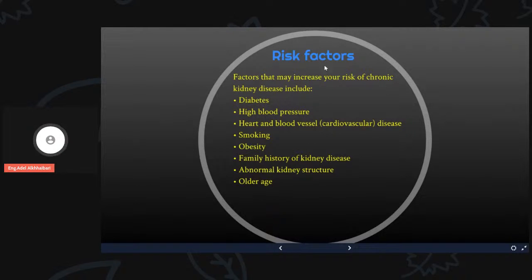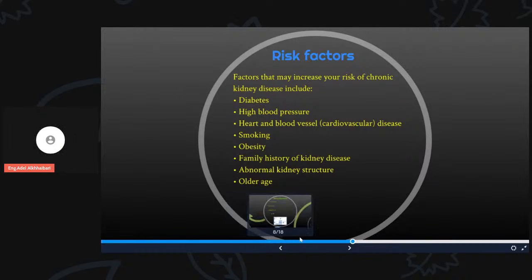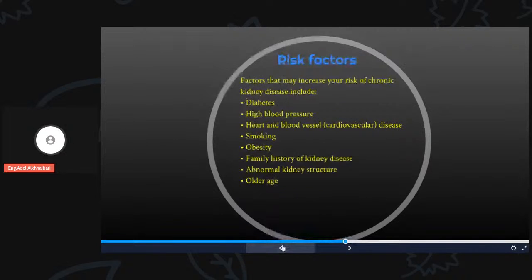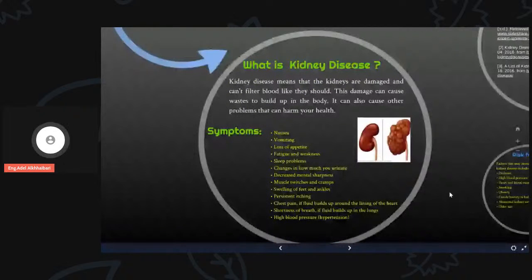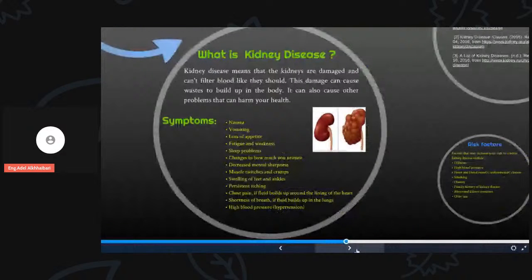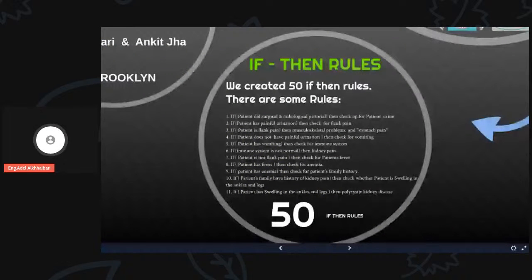We need this information to know how our project and flow chart work. Together with the symptoms, we have to read about it to know how this project is done. We have two sides.